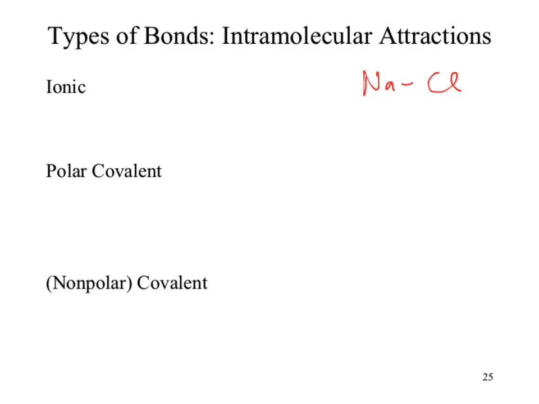How many of you memorized the electronegativity for sodium? Okay, I like it because that is the official definition. Our ionic is a difference in electronegativity greater than 1.7. But if I don't have the electronegativities memorized, that's a crap definition.